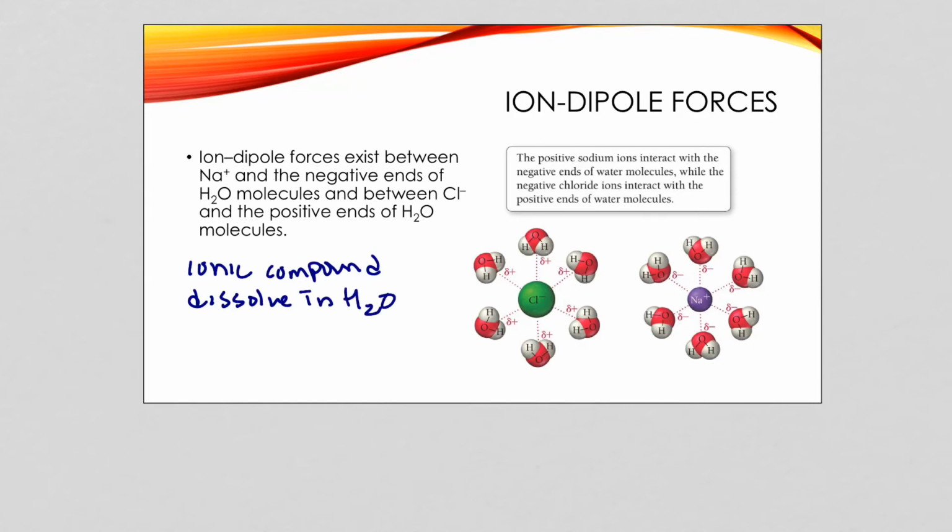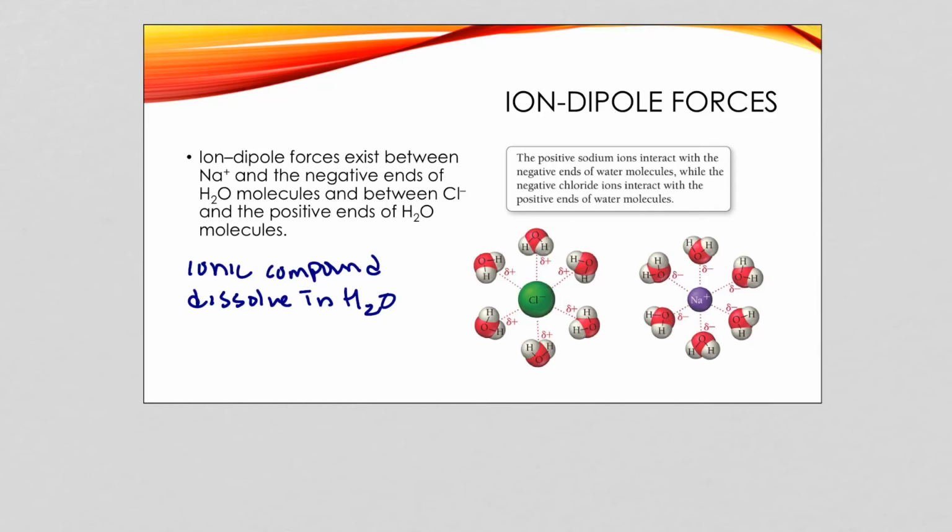So when we dissolve ionic compounds in water, because water is polar and forms these hydrogen bonds, what happens is when the ionic material dissolves, it forms its ions, a positive ion and a negative ion. And these polar solvent molecules have a permanent dipole, right? So they have a positive side and a negative side of the molecule.